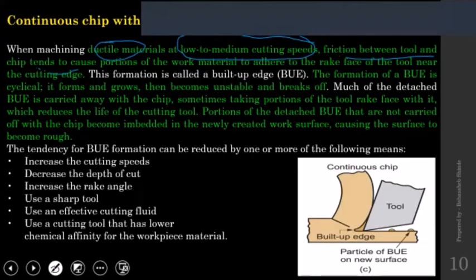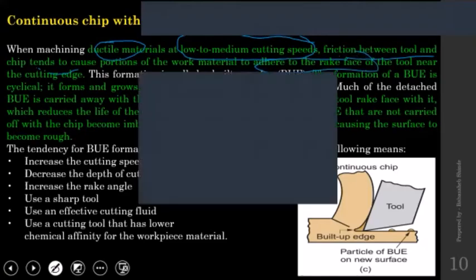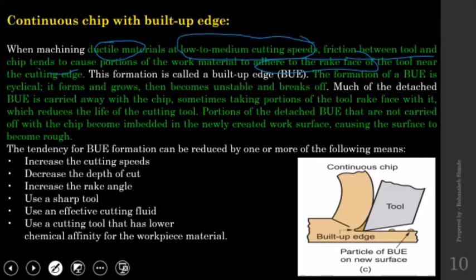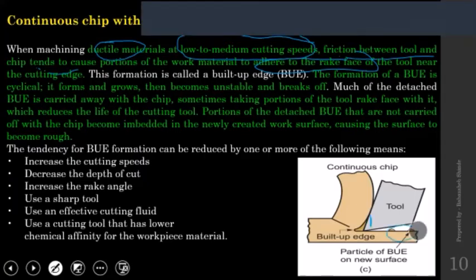Because of that, the material starts adhering to the rake surface of the cutting tool, and that sticking of material to the cutting tool causes the issues that we just discussed, that is wear of the cutting tool as well as deposition of that material on the fresh machined surface. Because of those two major drawbacks, this continuous with built-up edge chip has to be avoided.